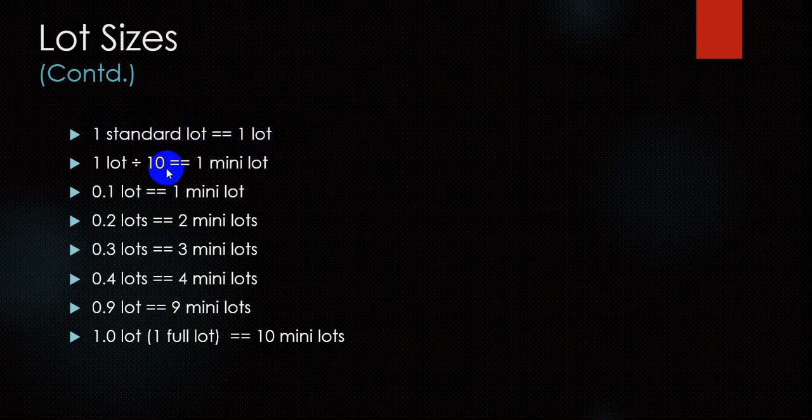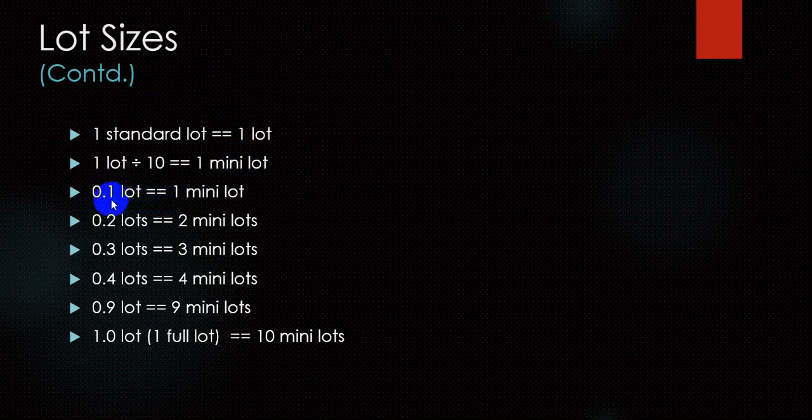So one lot can be broken down into 10 parts, and it means that one lot is made up of 10 mini lots. So what it means is that if you divide one lot by 10, you have 1 mini lot.